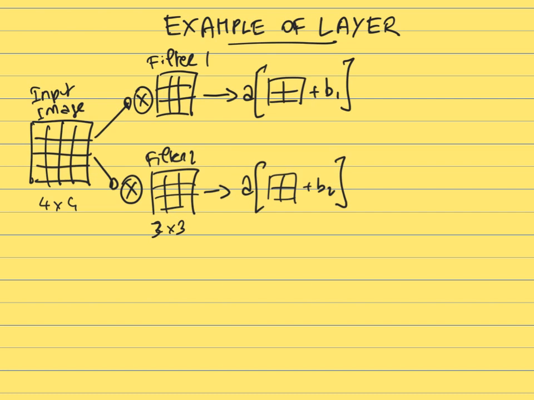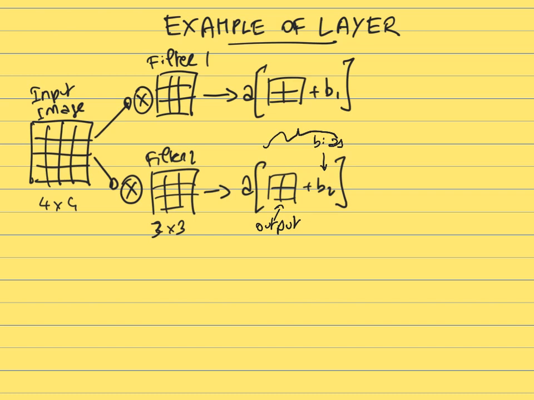So this is going to be the output from the convolution between the input image and the filter. You will add the bias. In the artificial neural network, this step is equivalent to when you combine all the neurons from the previous layer: you sum all of them together with some weights.